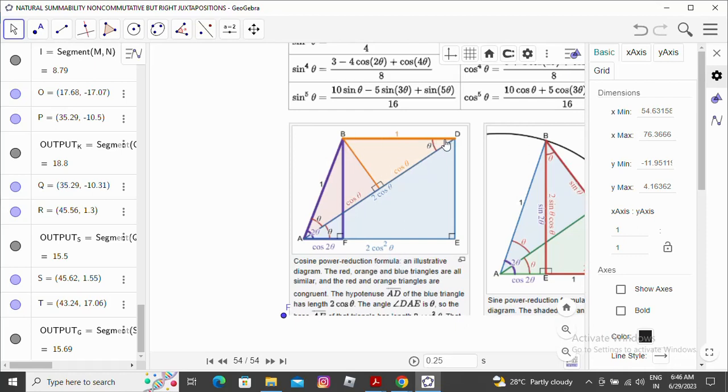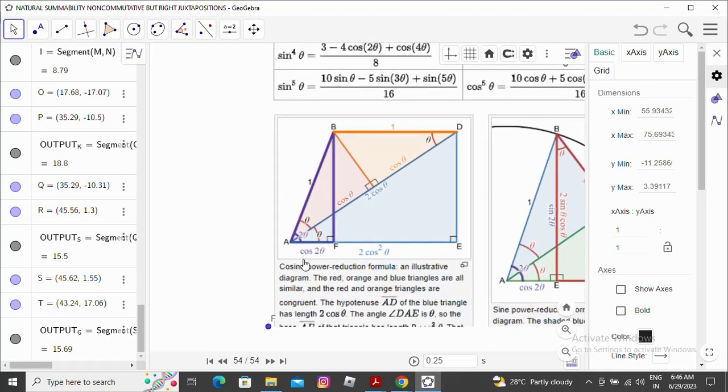this one is one line segment, this one is a copy of L, the copy of L sine 2 theta and another copy of L sine 2 theta, with the 2 cos theta into cos theta, that gives the 2 cos square theta, which is this long line segment, minus cos 2 theta.